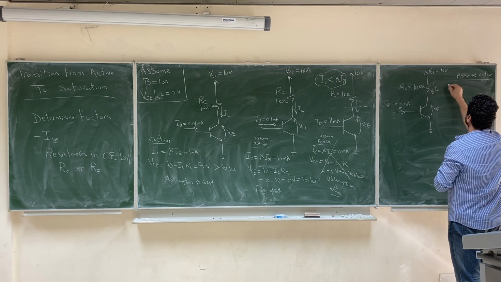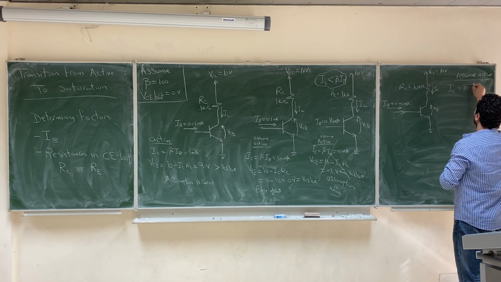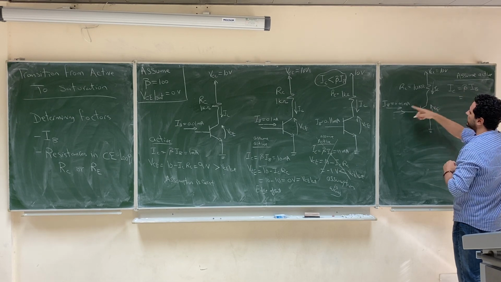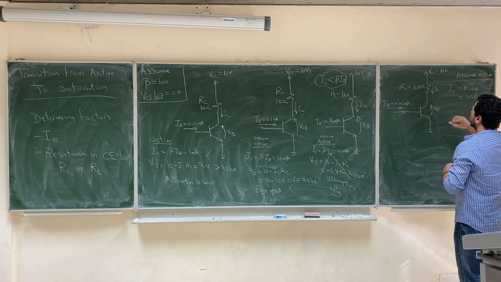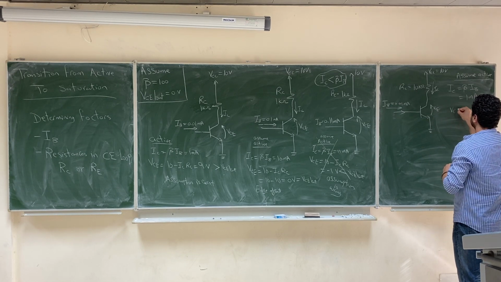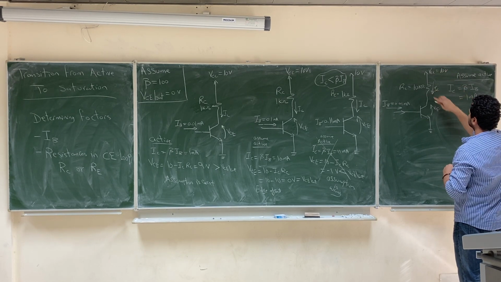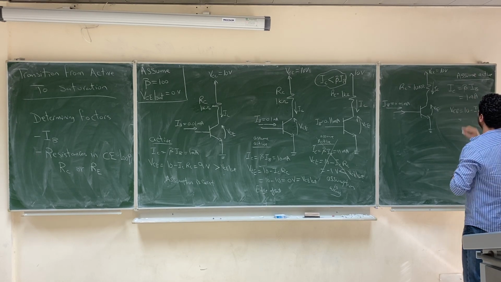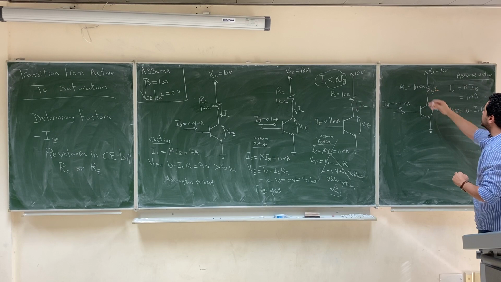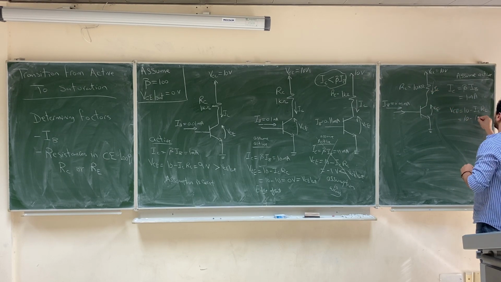Because we assumed active, IC equals beta I base, which will be 100 multiplied by 0.01. It will be 1 milliampere. And now we can calculate VCE to be 10 volt minus IC RC. IC is 1 milliampere and RC is 10. Then it will be 10 minus 10. It will give you 0 volt.